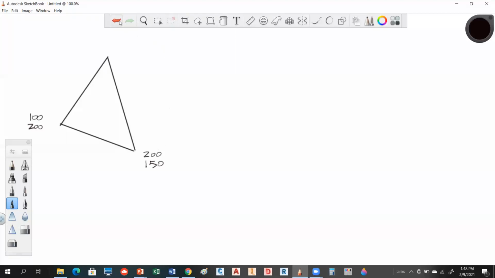Wait a minute, I've got that reversed, I think. We're going to call this 50 because this is more south. So this is in terms of northing, easting, and we're going to call this 250. And I'm going to call this 200 northing, and that'll be right in the middle essentially, so that'll be 225. So these are all in terms of northing, easting.